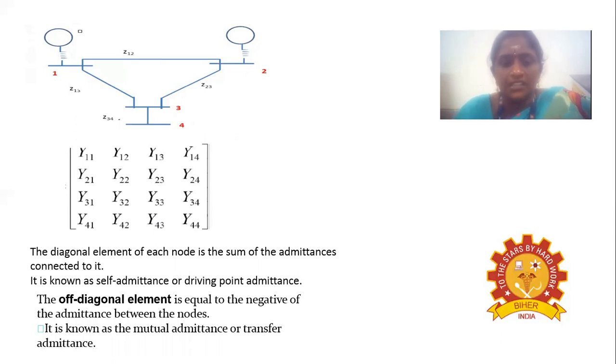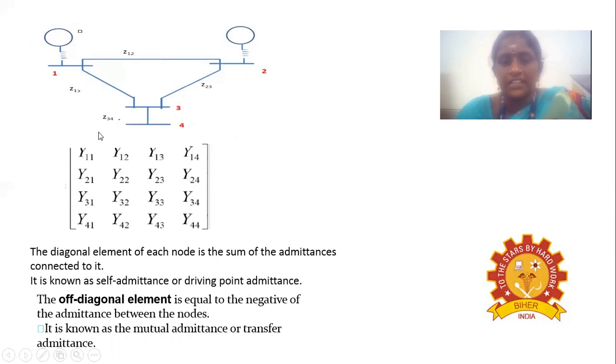The diagonal element of each node is the sum of admittances connected to it. Diagonal elements Y11, Y22, Y33, Y44 are the sum of all the admittances connected to the particular bus.